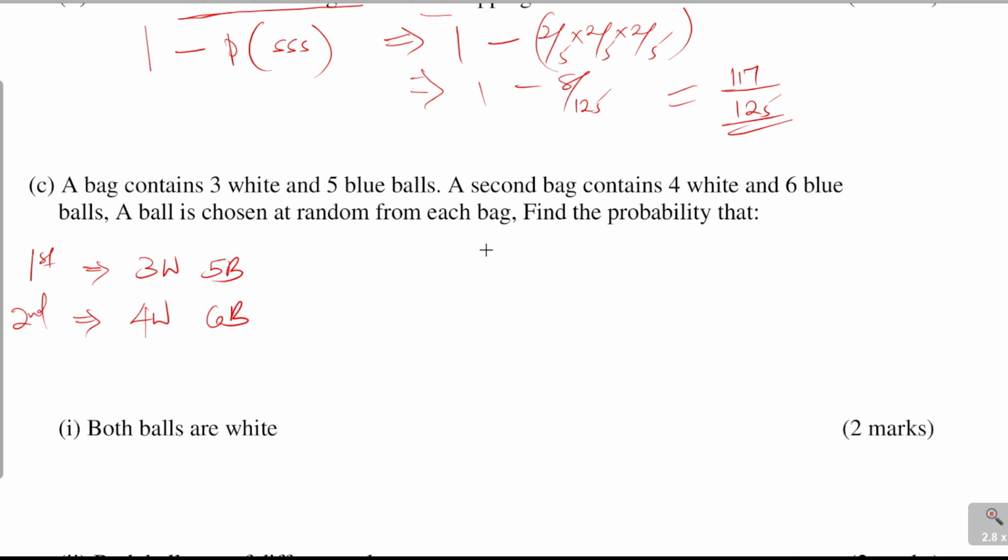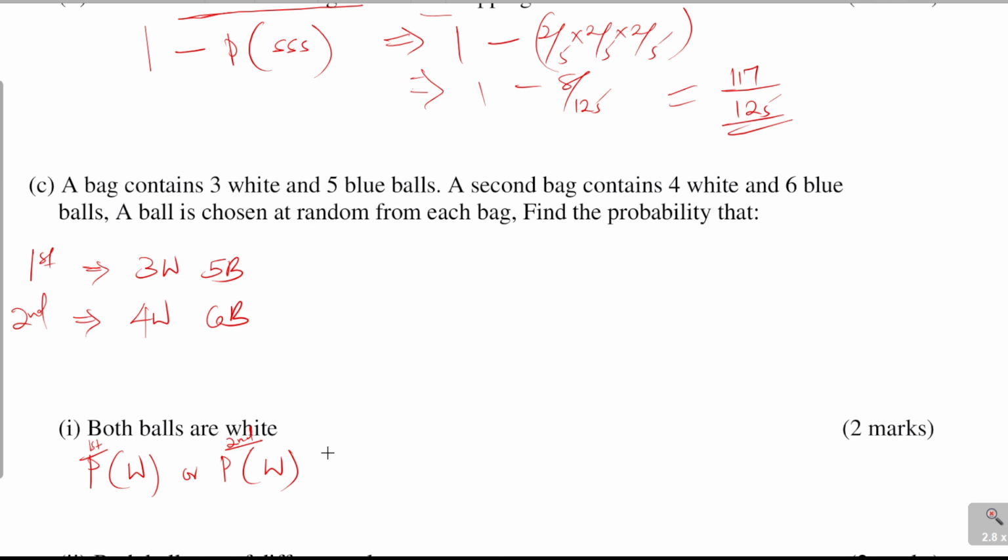So that means this will be the probability of choosing a white from the first bag, or the probability of a white from the second bag. So this is a probability of choosing white from the first bag, and then this one is or the probability of choosing white from the second bag.